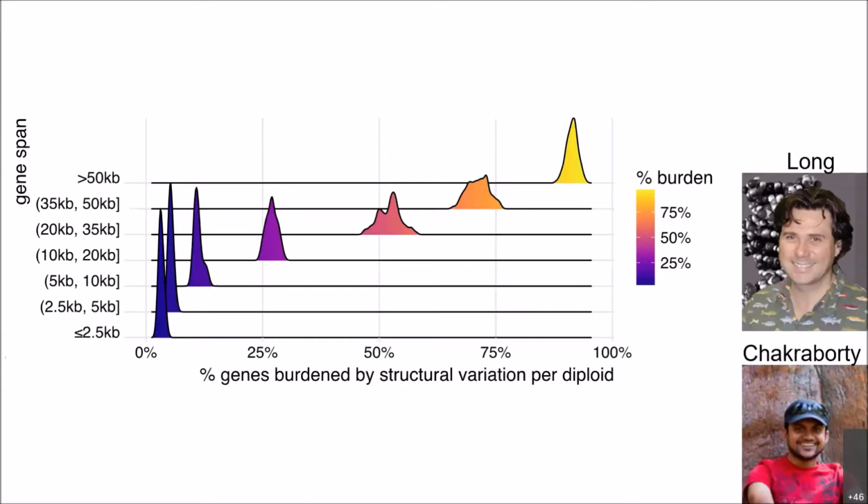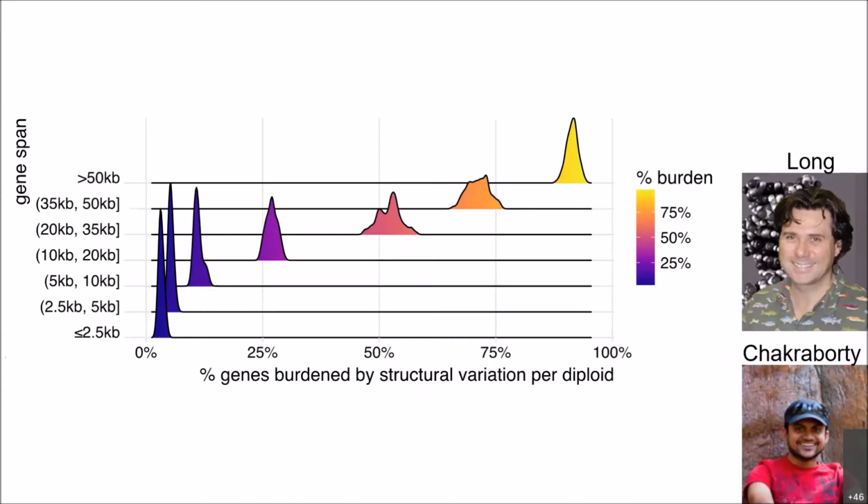We did this through randomly pairing our haploid genotypes through all possible combinations and looking at the distribution. And what you'll see is that if you just pick out a random small gene, you'll find 2-3% of genes have a structural variant in a single fly you pull out.